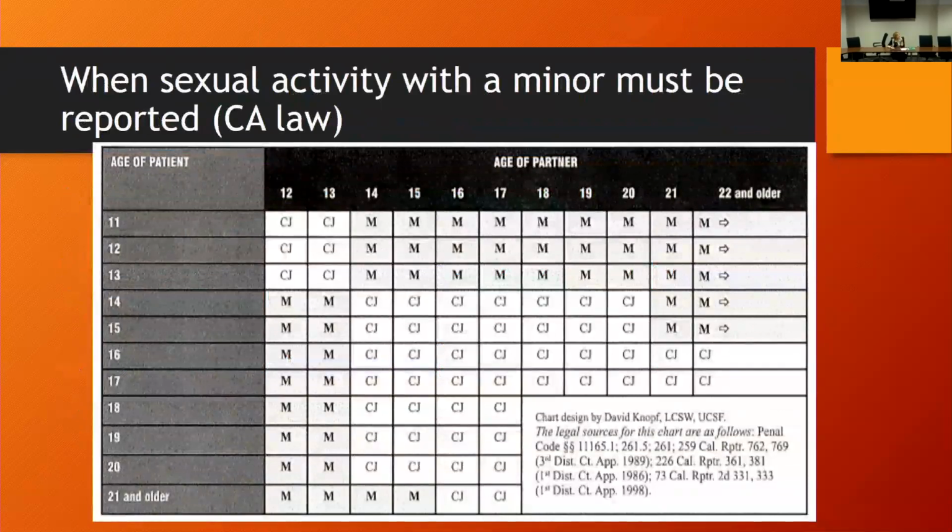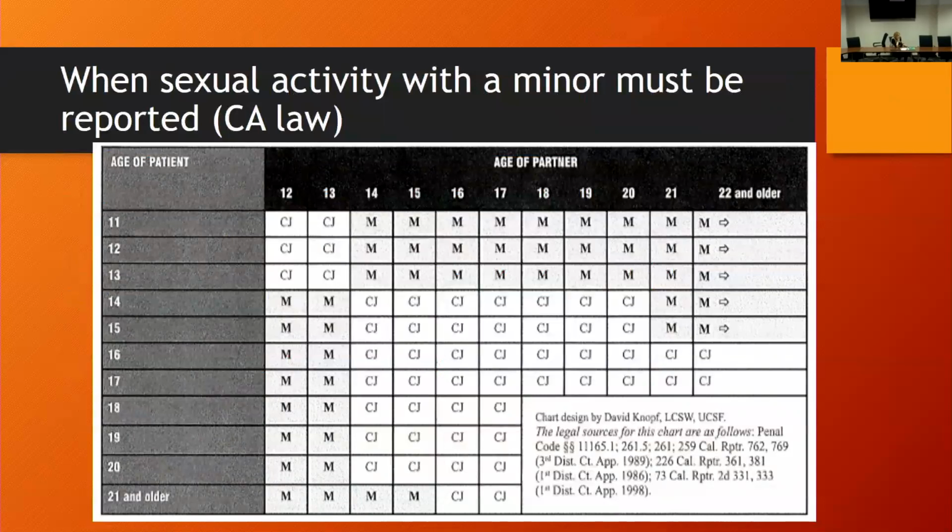This is where, if you have a young child who's either pregnant or wants birth control or something like that, you have to ask the age of the partner. If you look at this algorithm, in California, if you have a 13-year-old child who is having sex with a 14-year-old, that is a mandated report to Child Protective Services.